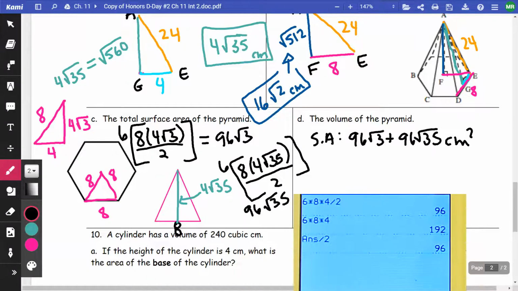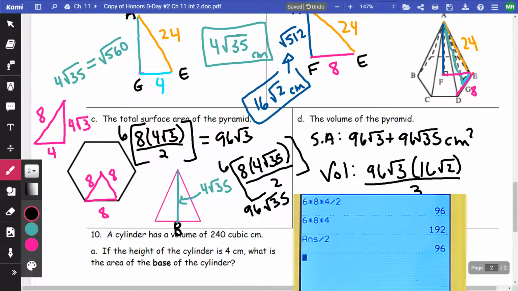Now for my volume, I'm going to take that denominator, the base, which is 96 root 3. I'm going to times it by the height, and that height is the blue, 16 root 2. And I only have a third of it, so I divide it by 3.